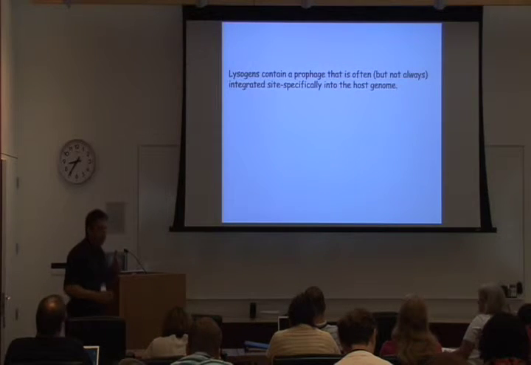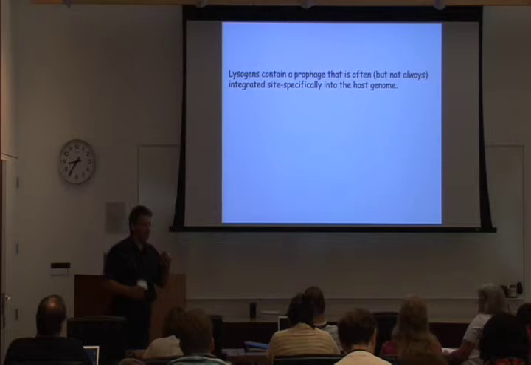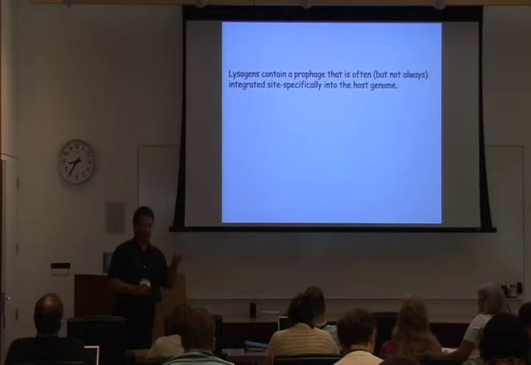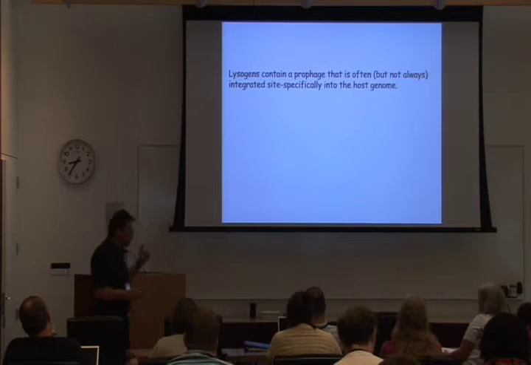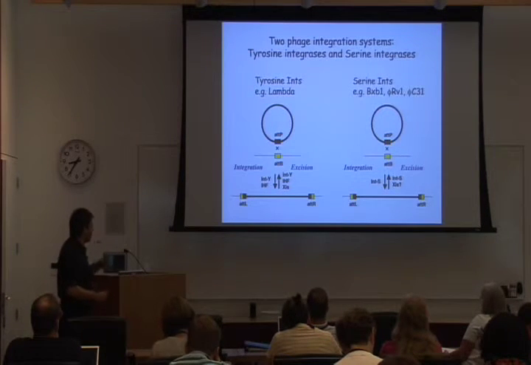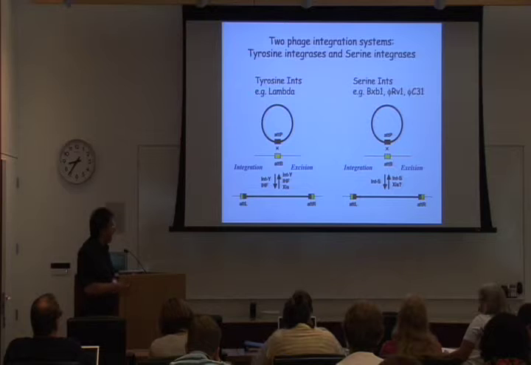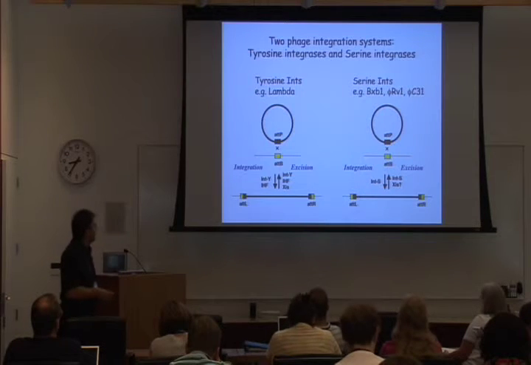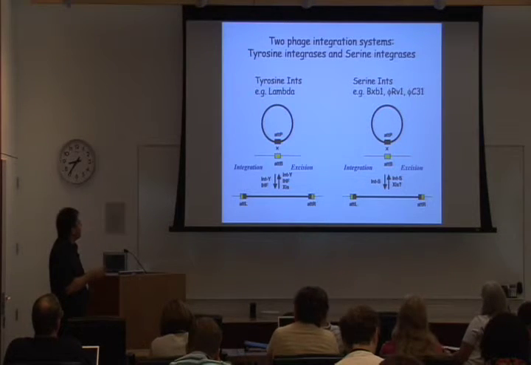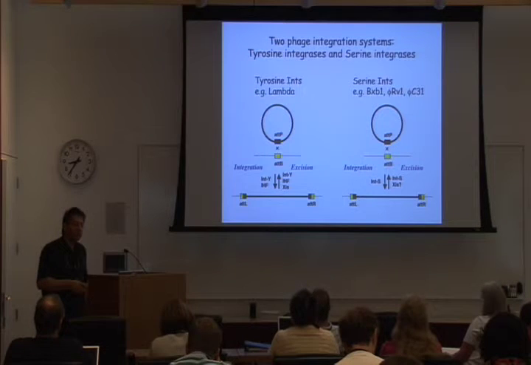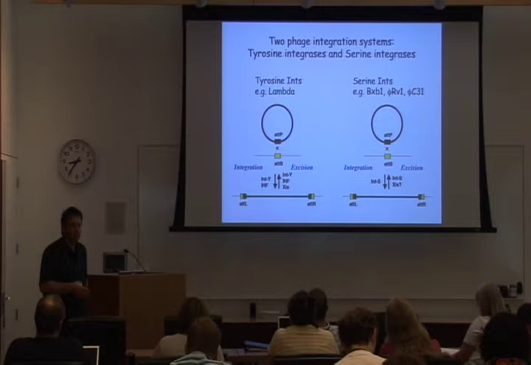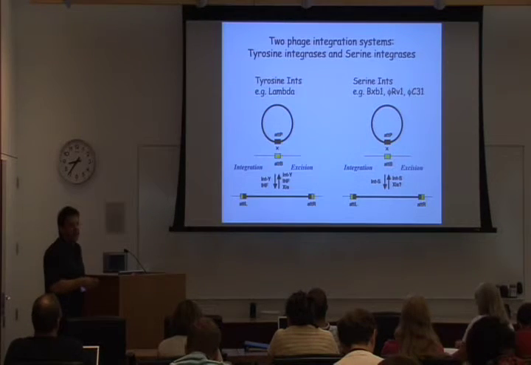That being said, integration, site-specific insertion of the DNA into the host chromosome, is by far the most common event that happens. I will explain this in a little bit further detail. Integration is an example of a process known as site-specific recombination, where there are two participating DNA sites.